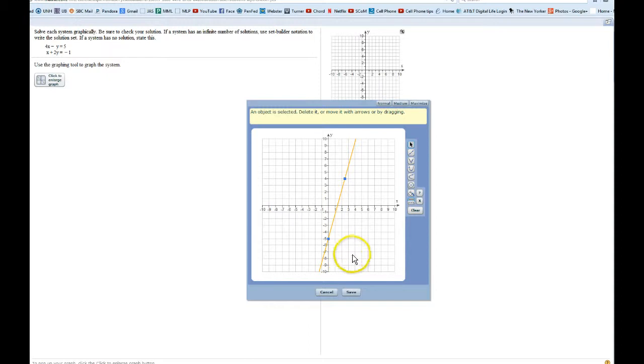And the other one was 1/2 and a -1. So I go for my other line here. -1 and about 1/2 there. So notice I couldn't click here on 1/2, but I went down in there somewhere so I could get approximately 1/2, and then I clicked on that spot.